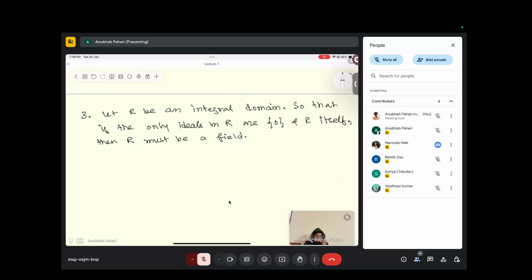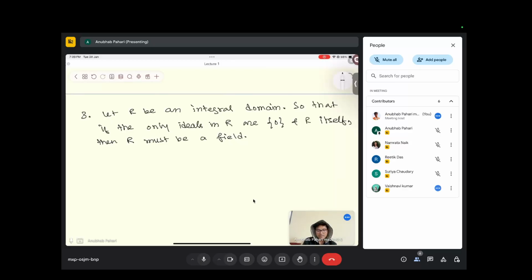Yeah, 0 will be the maximal ideal. So if we take the quotient, then it will be isomorphic to R, which is the field. Actually, the trick is if you take any non-zero element, it will form an ideal, if you just take the multiples.